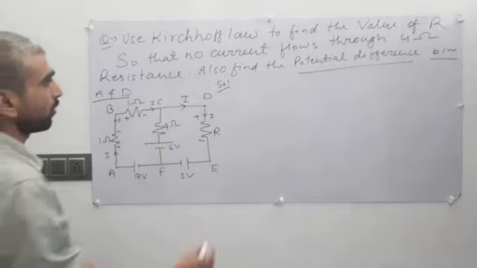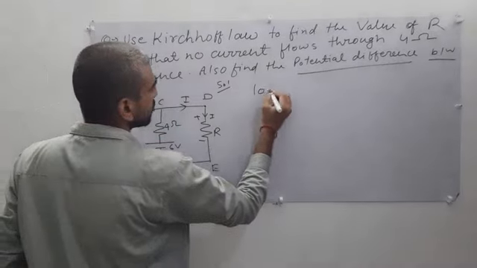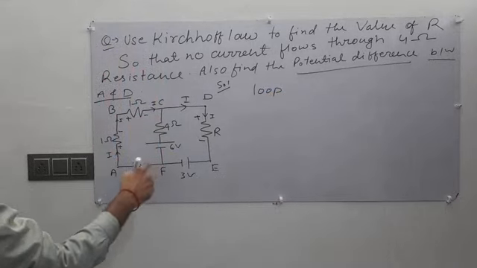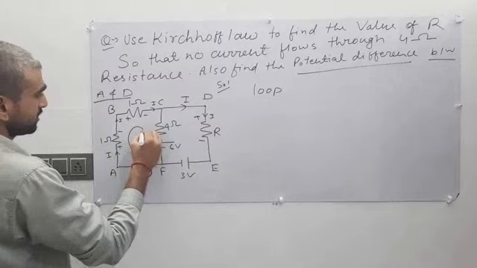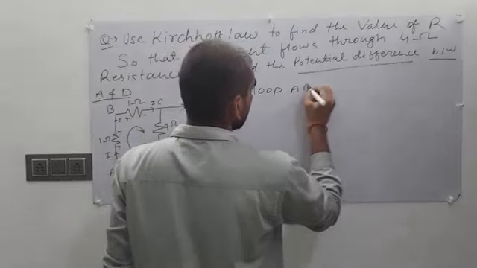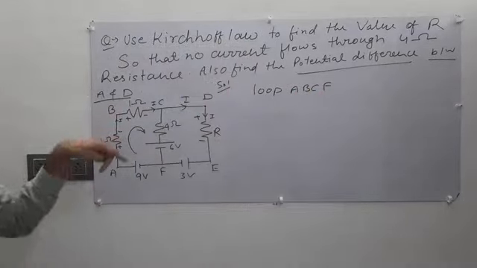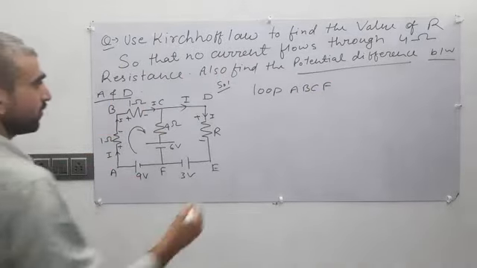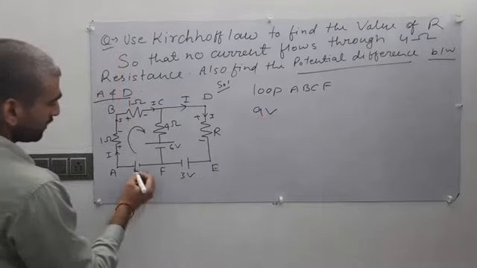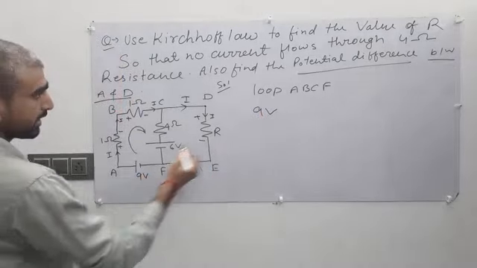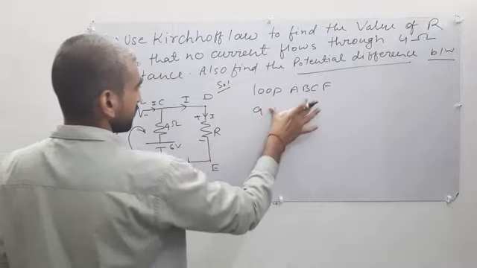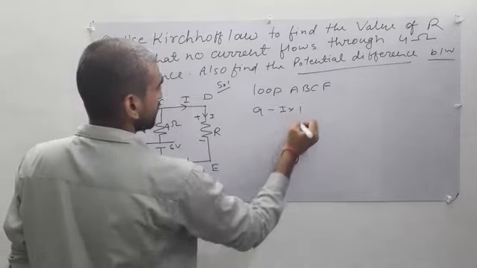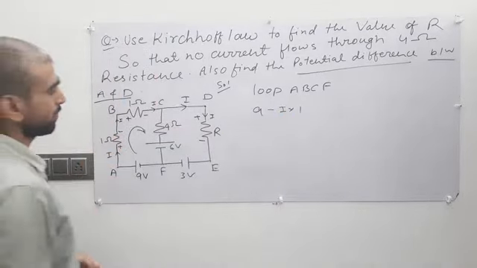Okay. Now we take loop ABCF, and we take our loop in the clockwise direction. Now what will happen? 9 volt, because we leave from the positive terminal of the battery, we take as positive sign, then minus I into 1 because we leave from the negative terminal.